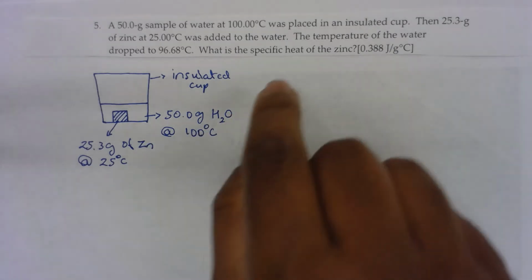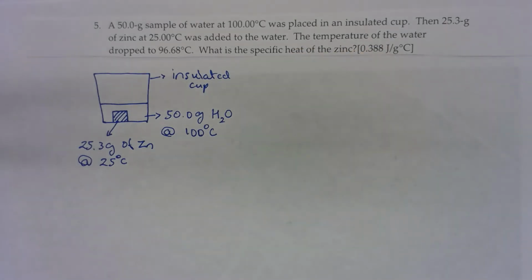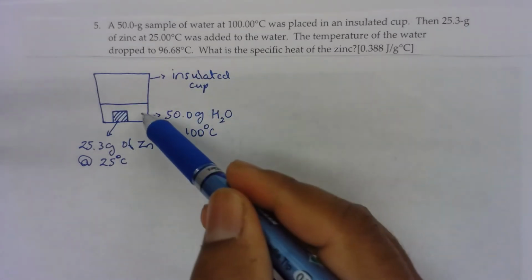So my first question to you is, it says the temperature of the water dropped. Why do we think it dropped? Because the zinc was cold, right? And we have learned already that heat will always flow from a high point to a low point. In this particular example, the high point was the water.